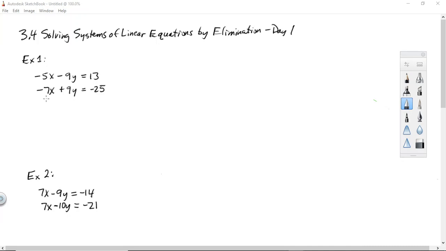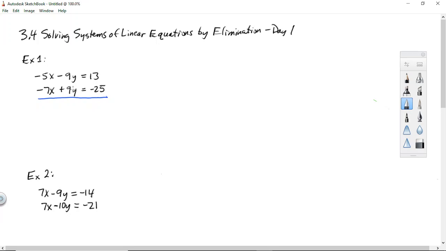What we do here is add these two equations together. That's going to work out nicely in this case because we have negative 9y in the first equation and positive 9y in the second equation. When we add these together, we'll simply combine like terms, and negative 9y plus positive 9y is 0y.